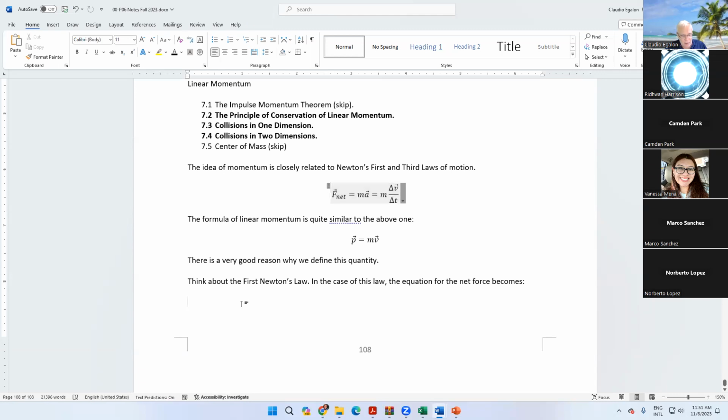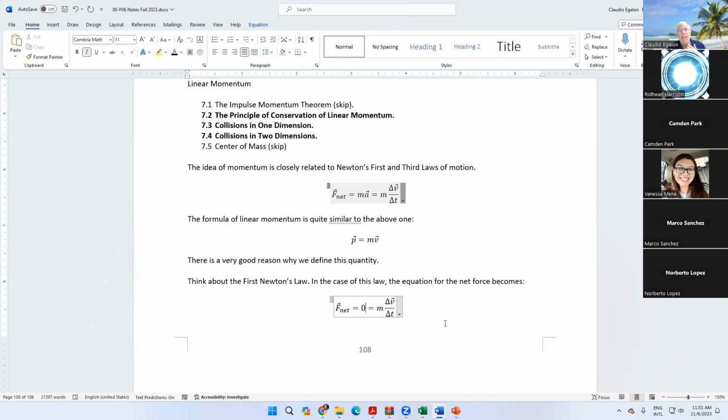First law, net force equal to 0, right? That's what Newton's first law says. If the net force is equal to 0, the object is going to be moving either with constant velocity or it's going to be at rest. But there is more to it.